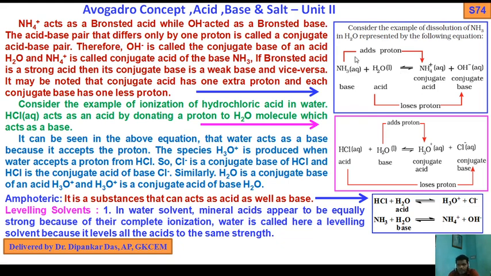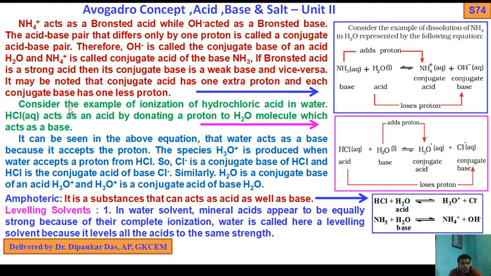So ammonia adds a proton to become NH4 plus, the conjugate acid. Water loses a proton and becomes OH minus ion, the conjugate base. So water is the acid, its conjugate base is OH minus. NH3 is the base, its conjugate acid is ammonium. So that is the Bronsted-Lowry acid-base concept.